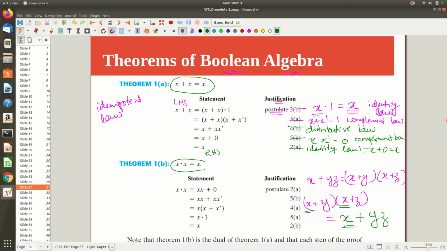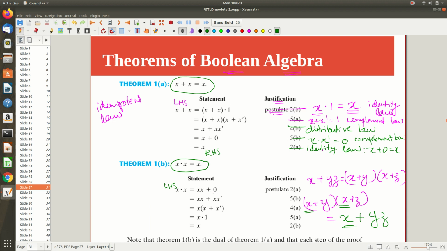Now see its dual, how to prove this. So what happened here is again I started with the left hand side. Then what I did is, like here I multiplied with 1, instead of that here I added 0. So it is also some kind of dual, you can visualize that the dual thing is happening: dot becomes plus and 1 becomes 0, right?